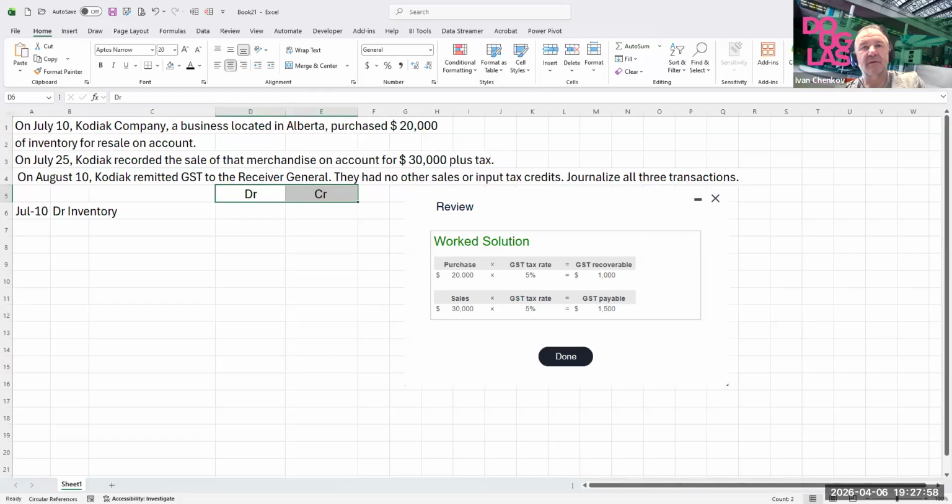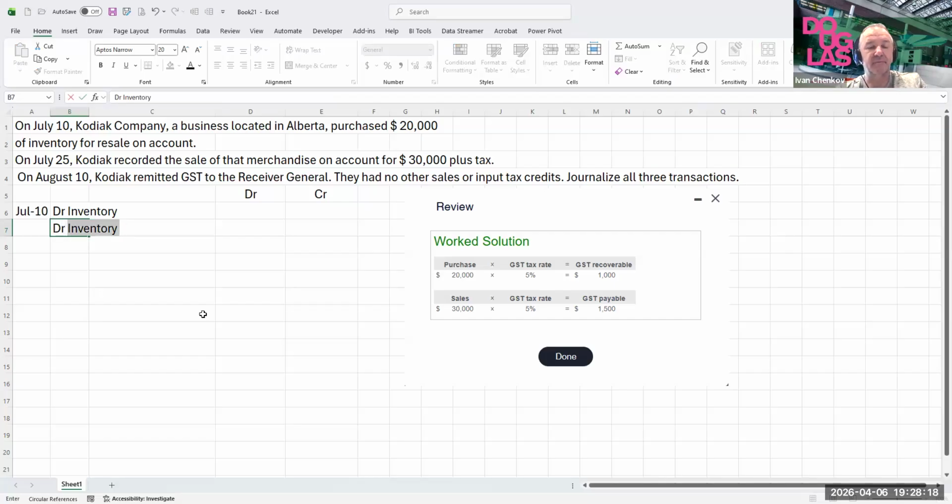Let me see if that's how it is in the environment where you're going to take the exam. Yeah, it's pretty much the same. So, debit inventory, credit. Now we have another debit, GST.